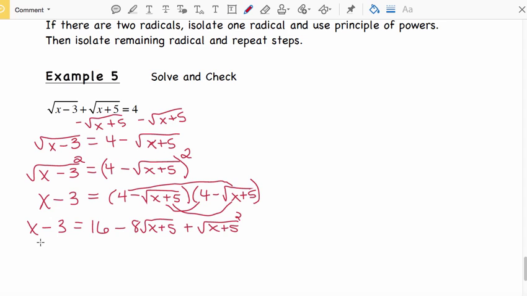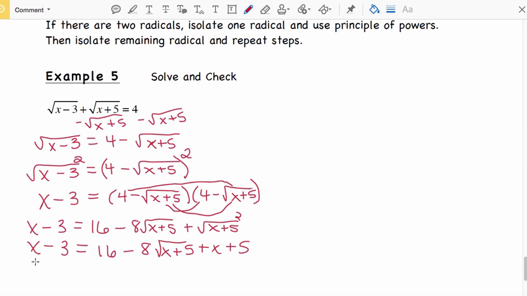Okay, so then I'm going to clean this up. I get x minus 3 is equal to 16 minus 8 root x plus 5. This 2 is going to strip off that radical symbol, so I can just write down plus x plus 5. And then I'm going to go ahead and combine like terms.